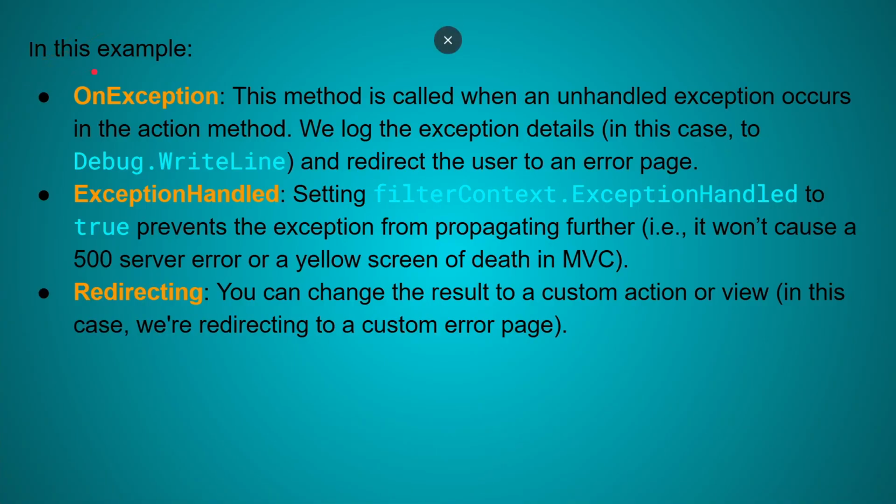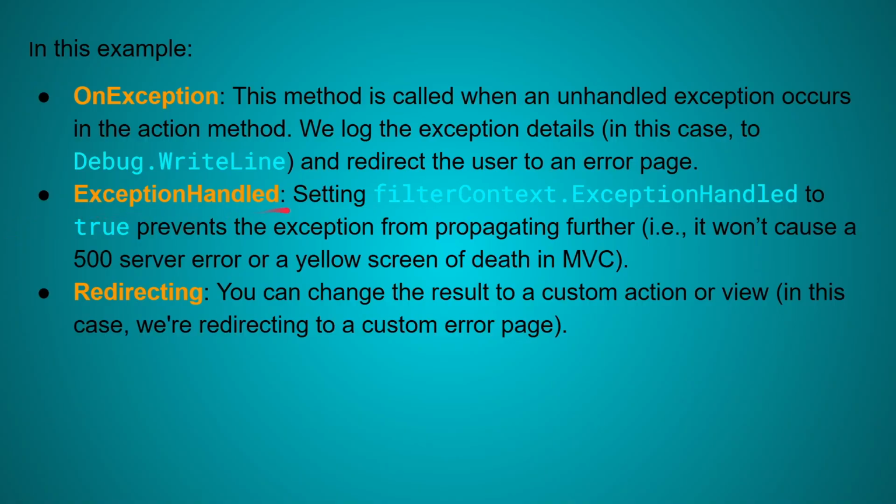So in this example, OnException is called when an unhandled exception occurs in the action method. We log the exception details to Debug.WriteLine and redirect the user to an error page.